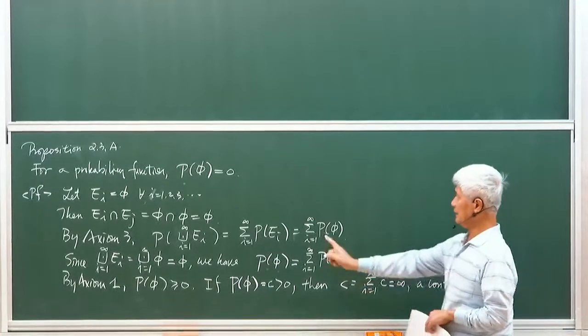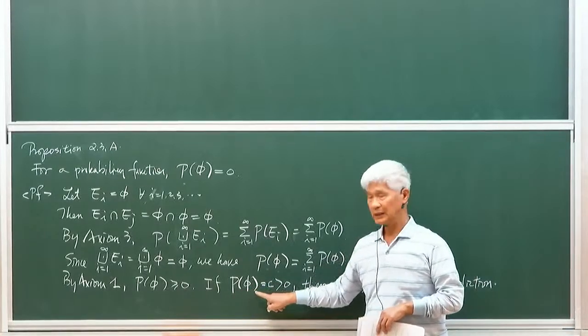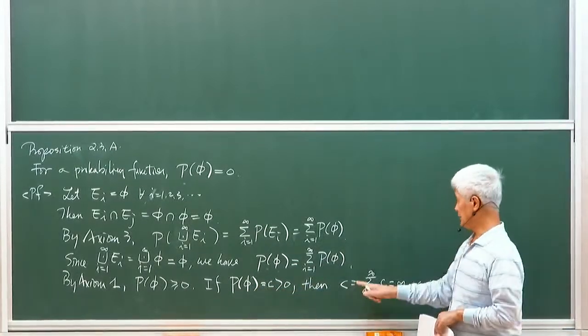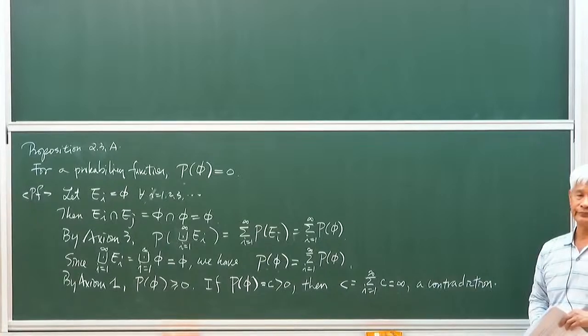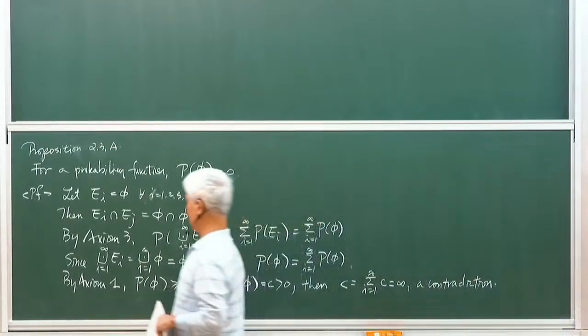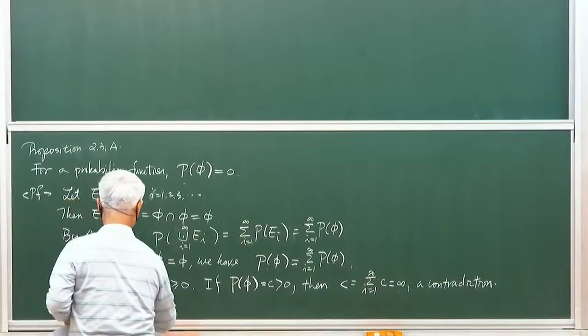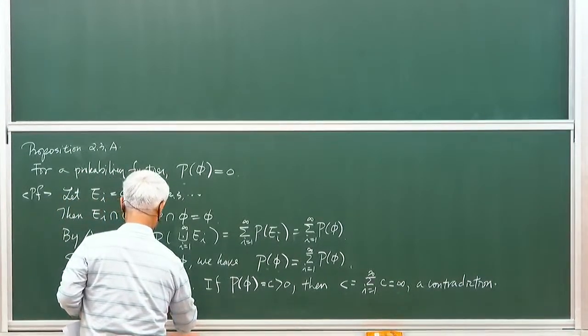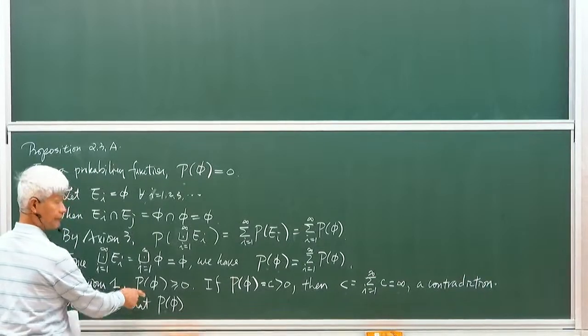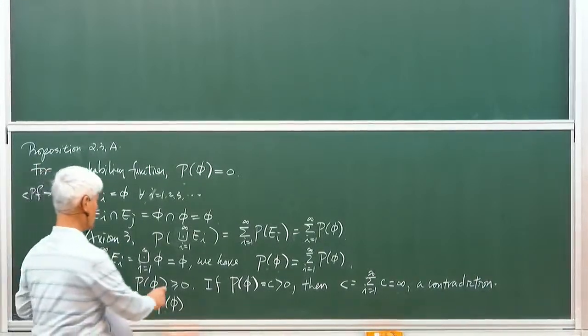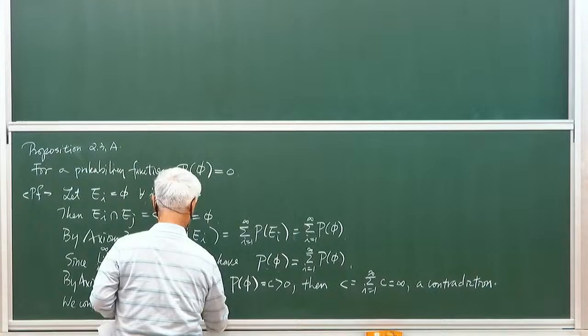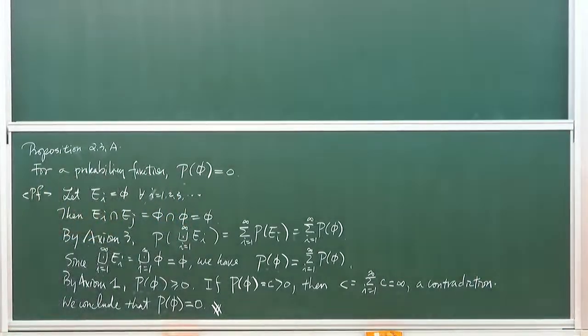So if C is positive, you get a contradiction. We conclude that, because from axiom number 1 the probability is always non-negative, the only possibility is that the probability is 0. So we deduce this result from axiom number 1 and axiom number 3.